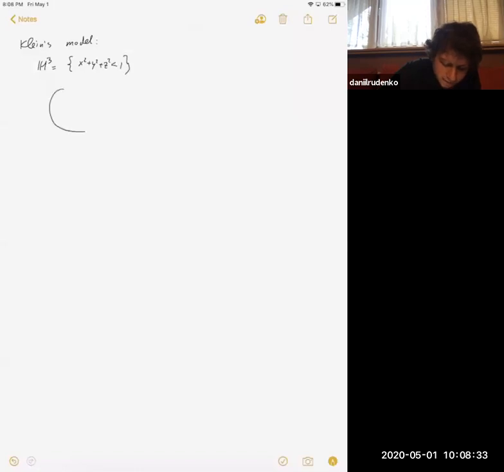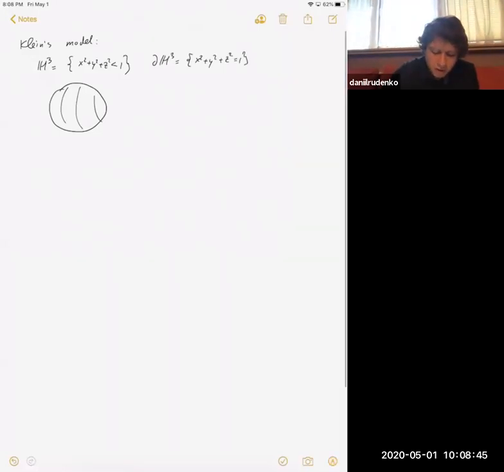The boundary of H3 is just the sphere. And in Klein's model, geodesics are just segments. Segments of straight lines connecting points of the boundary are geodesics, and planes are plane geodesics.